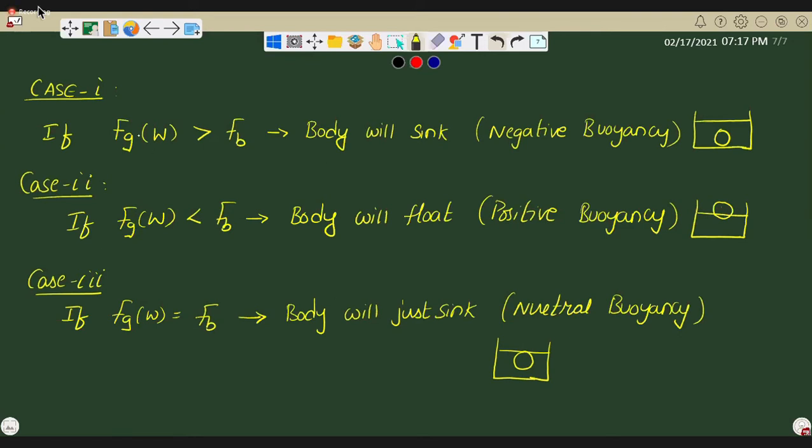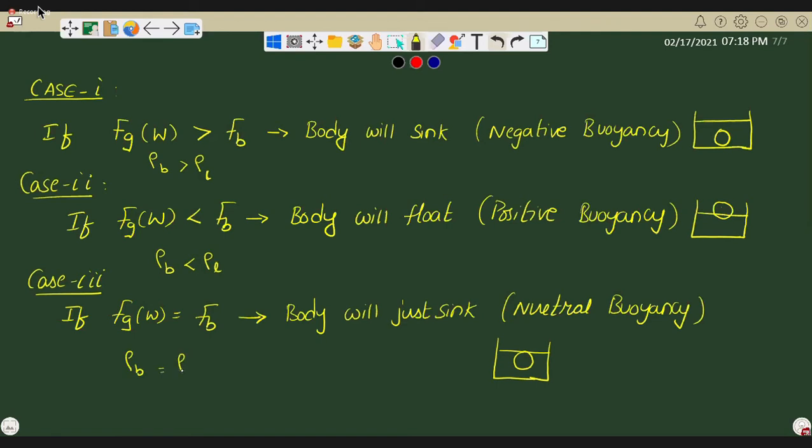Now, take your densities on both sides. Here, the density of the body will be greater than the density of the liquid. Here, the density of the body is less than the density of the liquid.